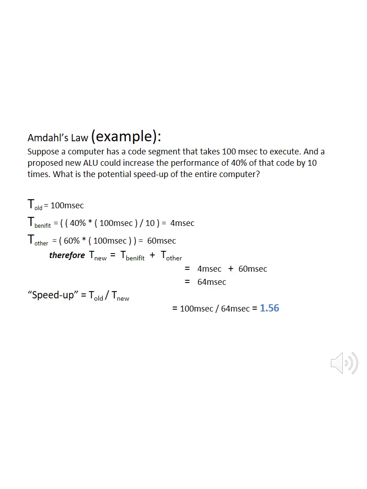So to plug in some numbers here, assume we have some code segment that takes 100 milliseconds to execute, and a proposed new arithmetic logic unit could increase the performance of 40% of that code by 10 times. So what's the potential speed up of the entire computer? The original time before doing any new hardware feature is 100 milliseconds.